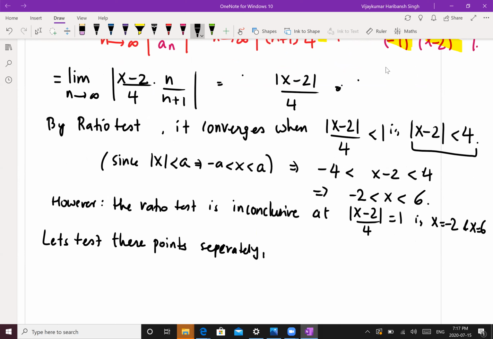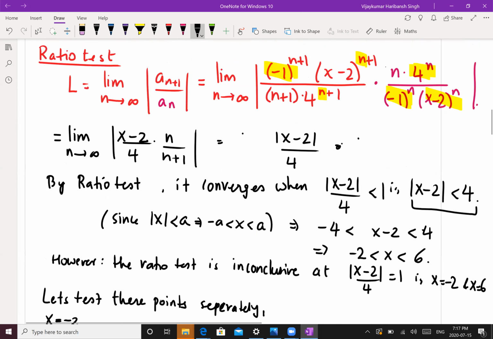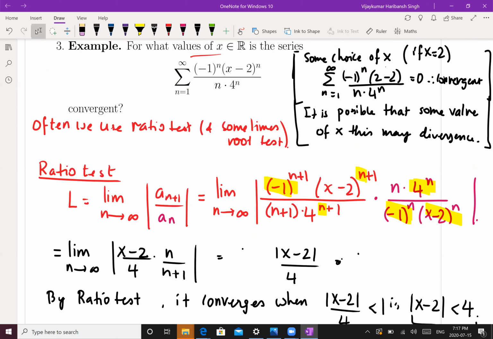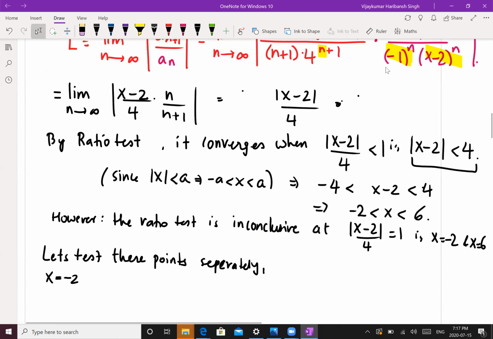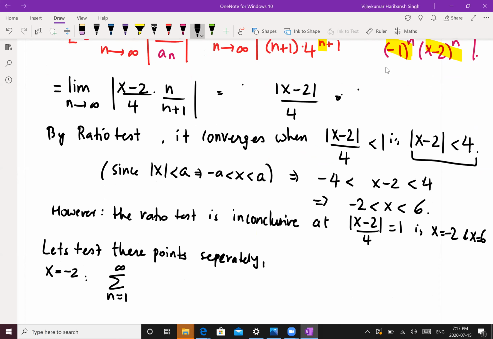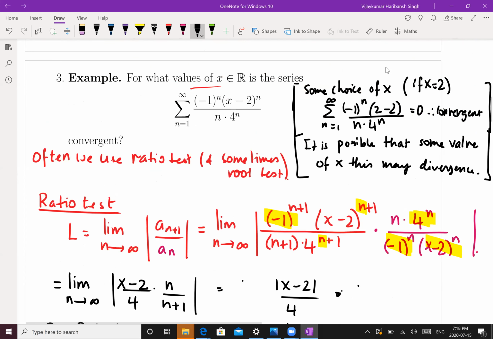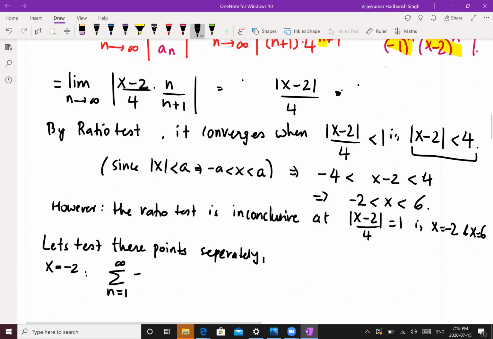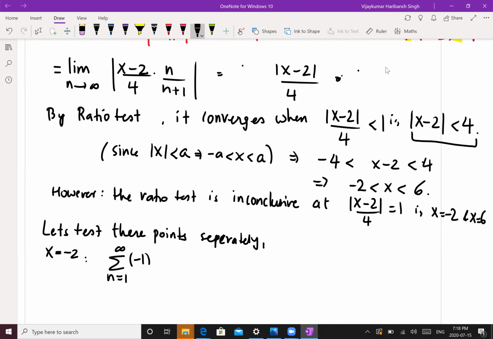So how do we test it? Let's take x equals -2. Plug it into the power series. So we get the summation n equals 1 to infinity of (-1)^n, and -2 will become -4, so we have (-1)^n (-4)^n divided by n times 4^n, which is the summation n equals 1 to infinity.